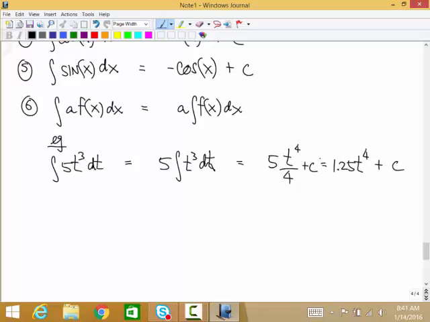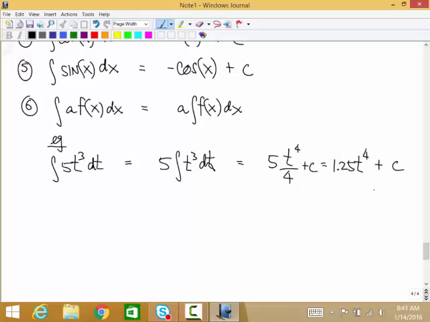So what about that c? That's always sort of a weird thing. That c is an arbitrary constant. If I took the integral of t cubed dt, I would get t to the fourth over 4 plus c, right? That should be multiplied by this 5, really, if we're just calculating the integral of t cubed and then multiplying it by the constant. So why don't I have this as 5c here? It doesn't matter.